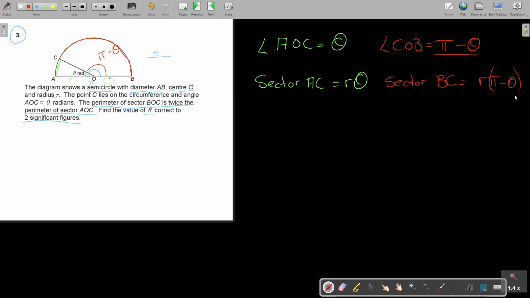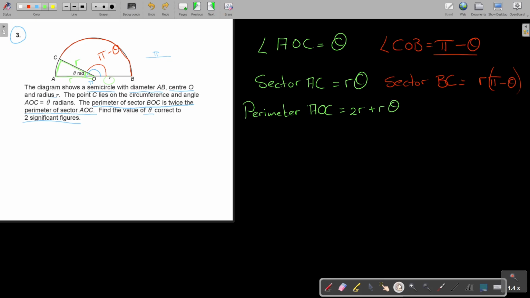Okay. Now, perimeter, because I want the perimeter, so that comes together. So I say perimeter AOC equals, remember there's two R's, plus that R theta.